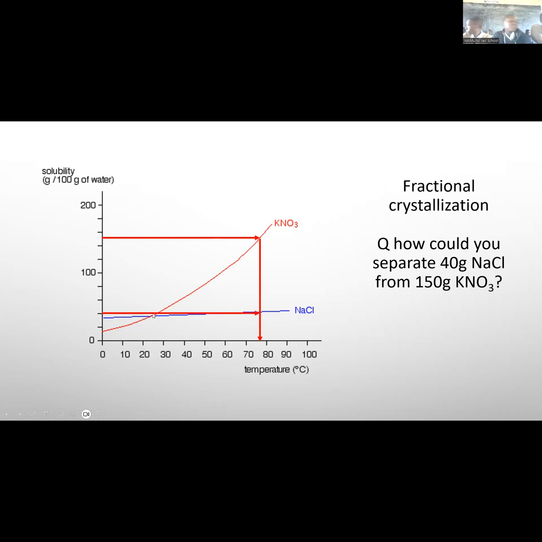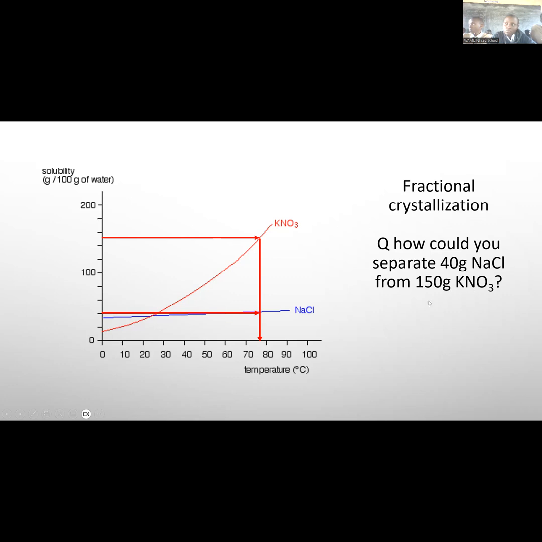In other words, I have got rid of 110 grams of potassium nitrate. You see, it has gone down from here down to there. Whereas the sodium chloride has almost stayed in solution. It has gone from around about 40 down to, not much, 38, something like that.